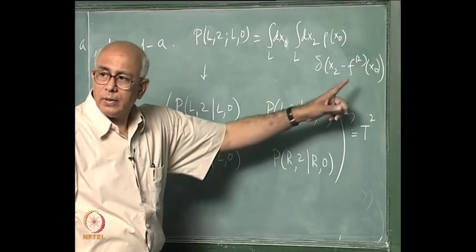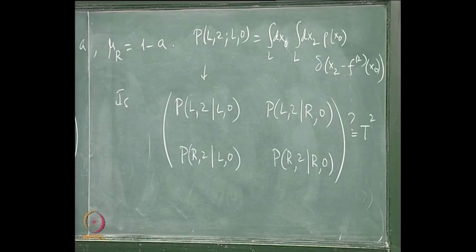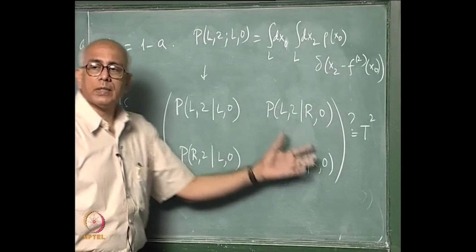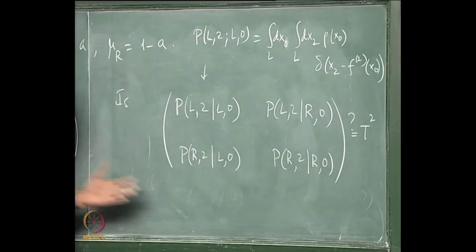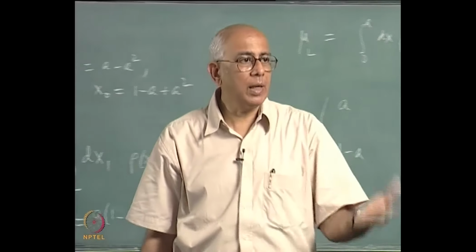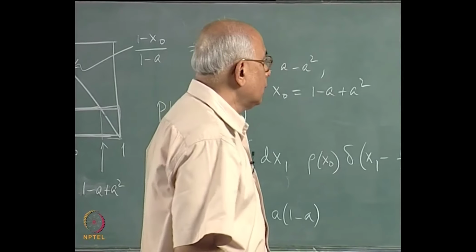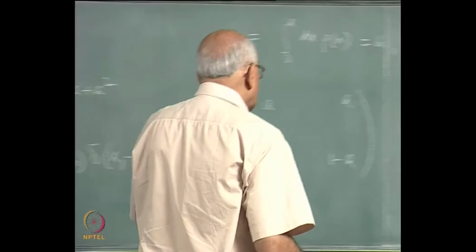So I take the second iterate of this map and play the same game and compute these numbers, which are very easy to do in this case, and check out whether that is equal to the square of this matrix here or not. If so, then by induction, I know that this is true in the nth step as well. I leave you to verify that this is indeed so.